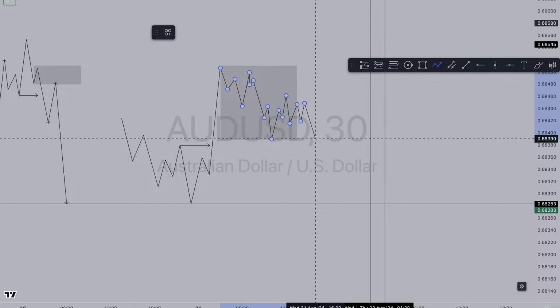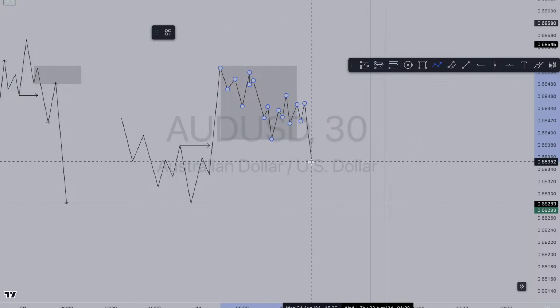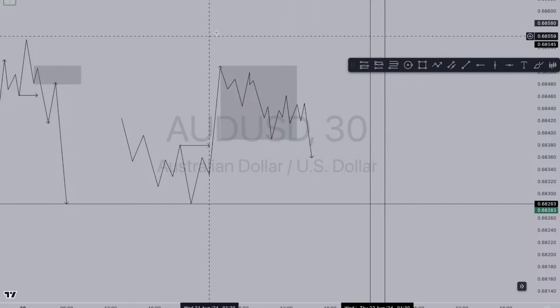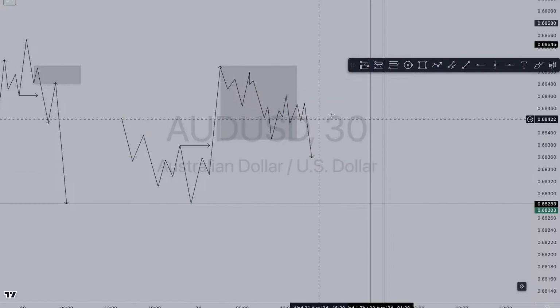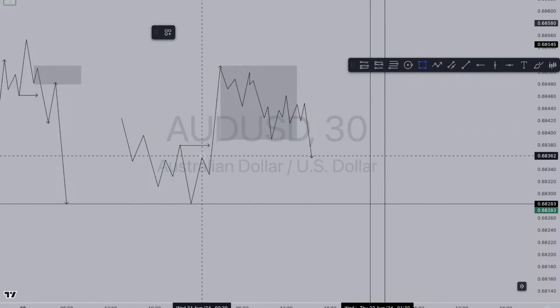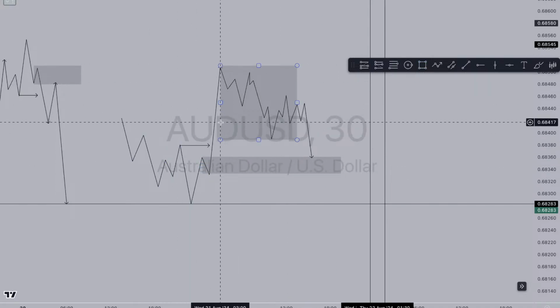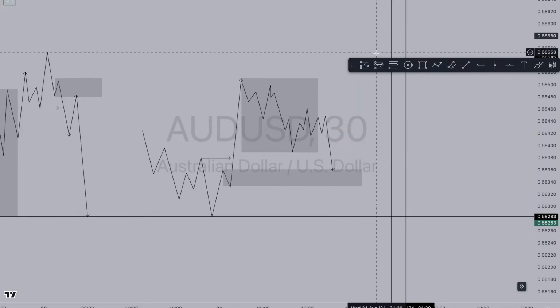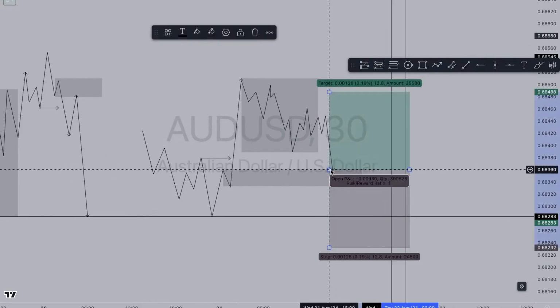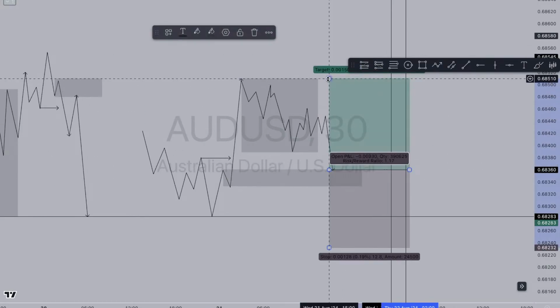Our time window now sweeps the low of Asia, because remember, you're reversing it. This is the high, this is the low. So now we sweep the low, we tap into our discounted demand zone. Supply is premium, this demand is discounted. Boom. Now we target that Asia high instead.